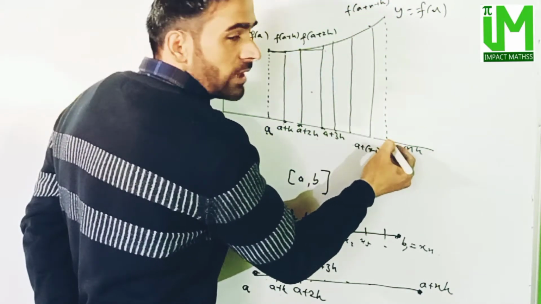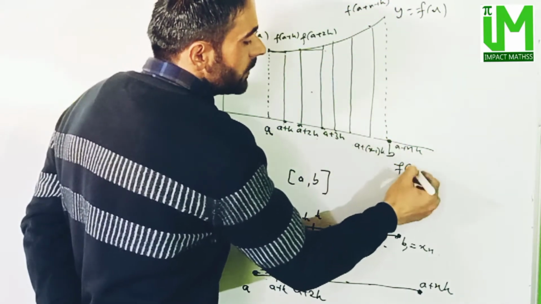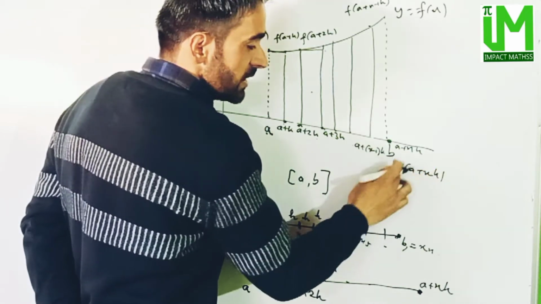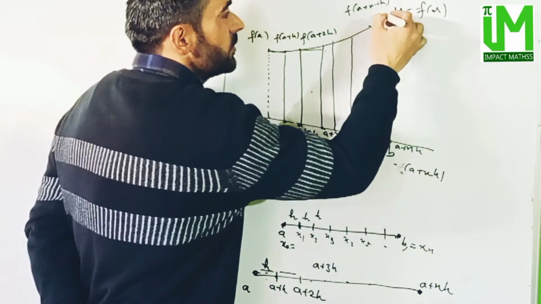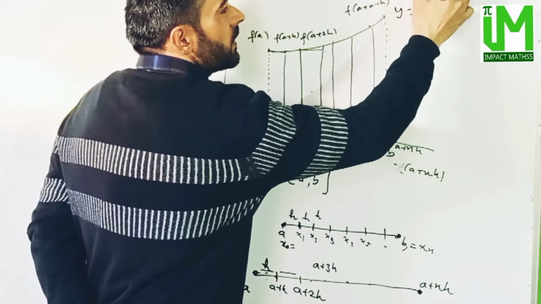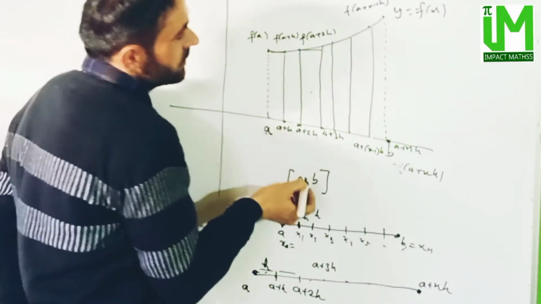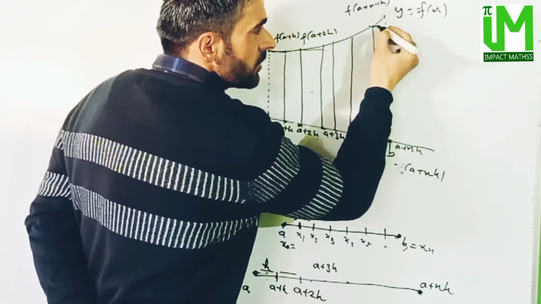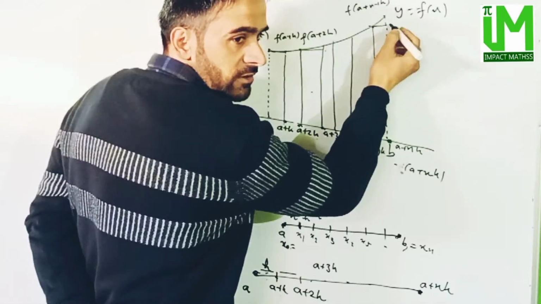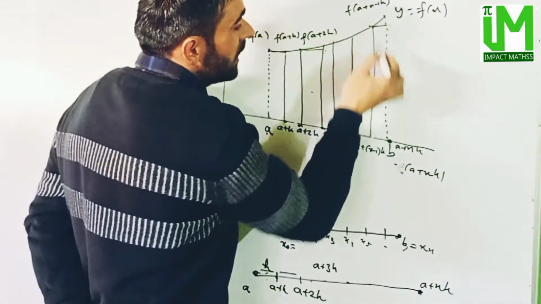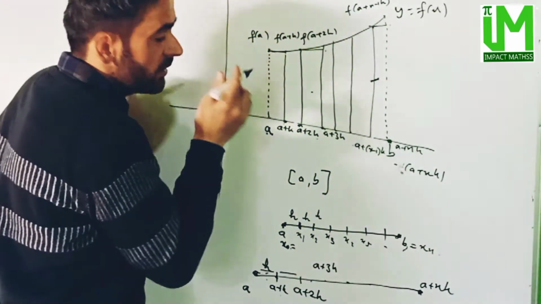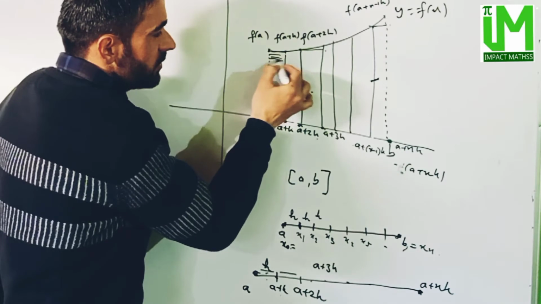And then we have the last case, f of a plus nh. Here is a plus nh as a point, and its image is f of a plus nh. Now what will be the area under this curve? We join these points, so it will be like this. Suppose we want to find the area, we use these rectangles.